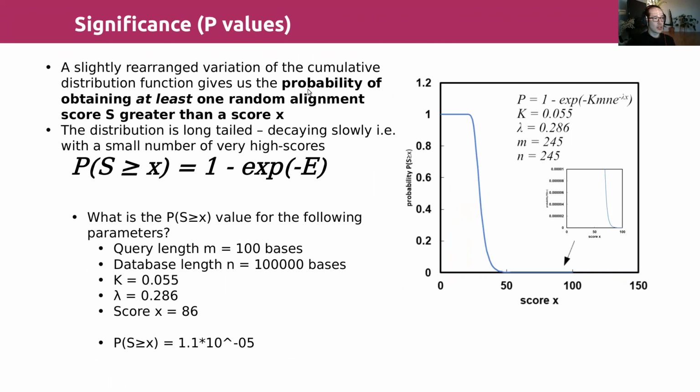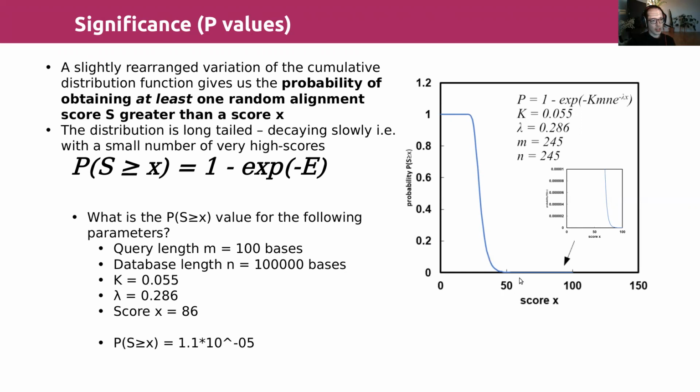The p-value is the probability of obtaining at least one random alignment of score S greater than our score X. So again, the lower this number, the more significant the alignment score we got is. It's calculated simply as 1 minus the exponential of minus E, with E being the e-value.